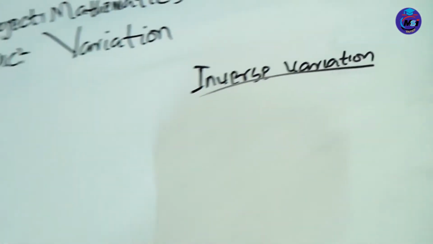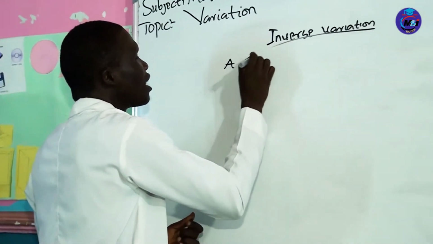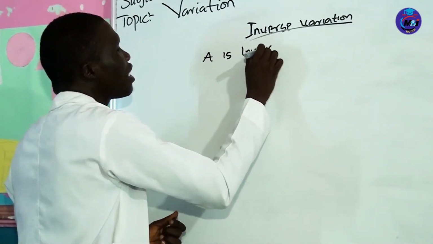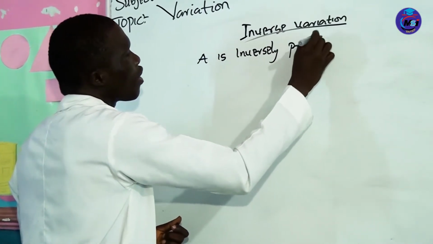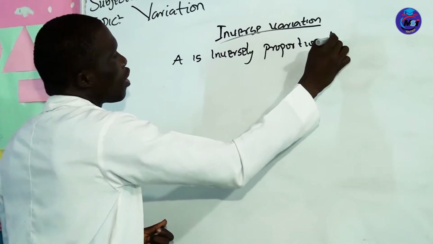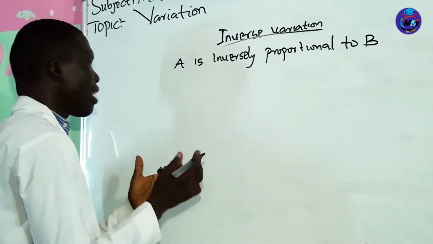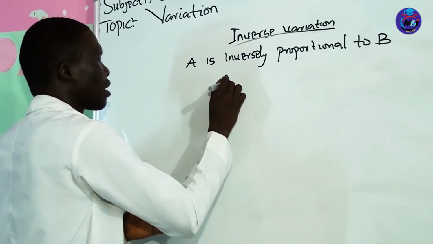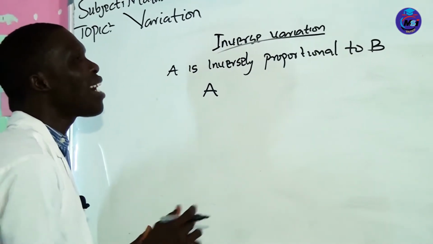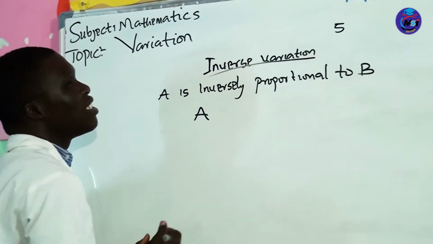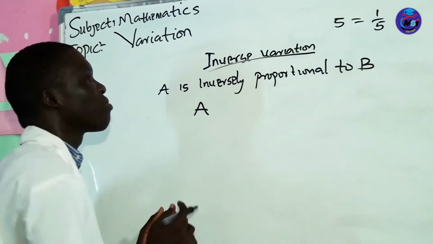Okay, in inverse variation, when you say A is inversely proportional to B, what does that mean? When we say inverse, if I tell you what is the inverse of 5, the inverse of 5 is 1 over 5.